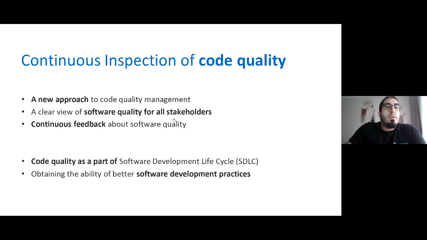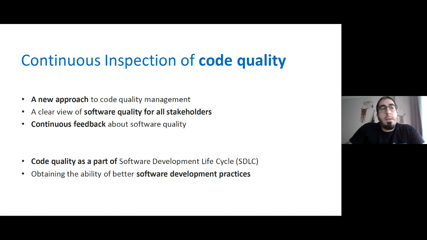So, continuous inspection is a new approach to code quality management. It provides a clear view of software quality for all stakeholders. With this approach, code quality is understandable and readable clearly by all the Agile team members, business sides, and managers. Continuous inspection considers code quality as a part of software development lifecycle.